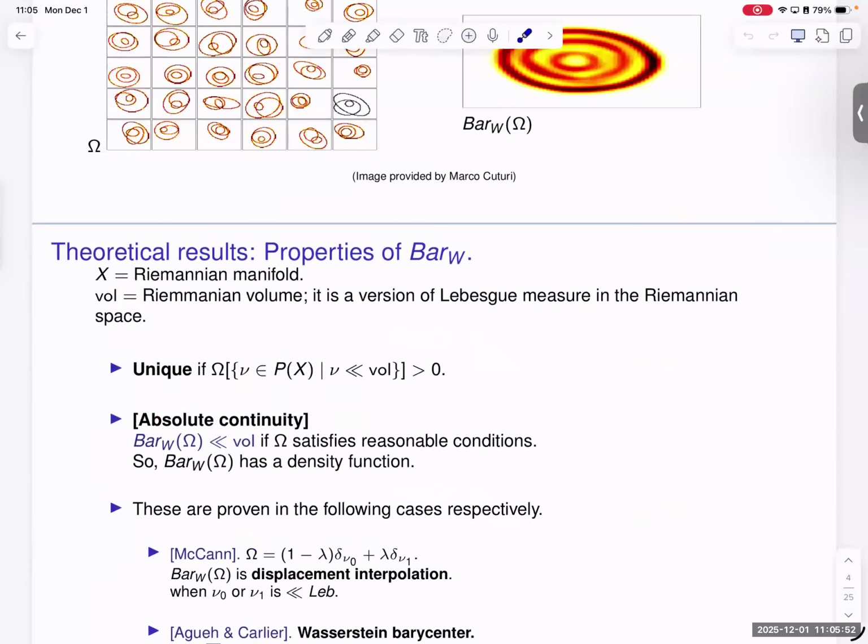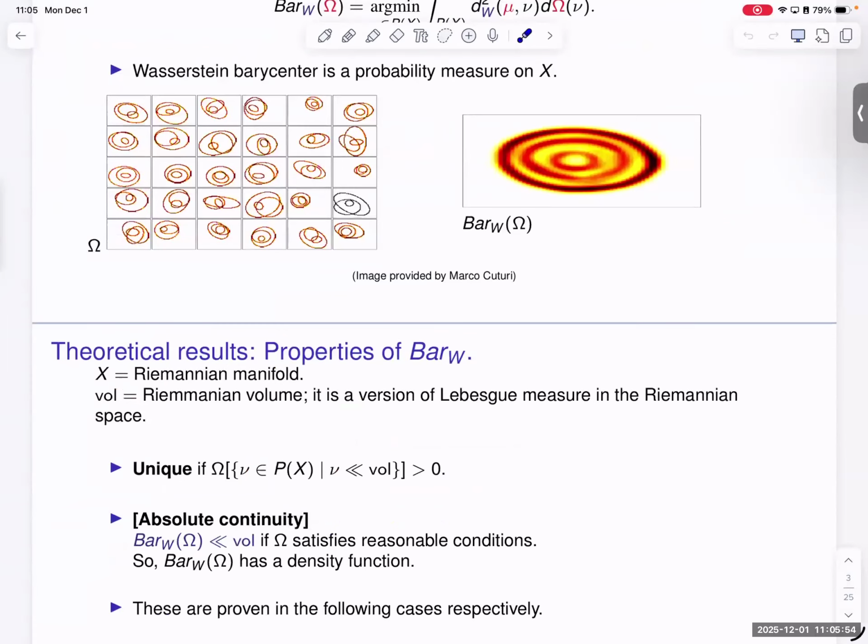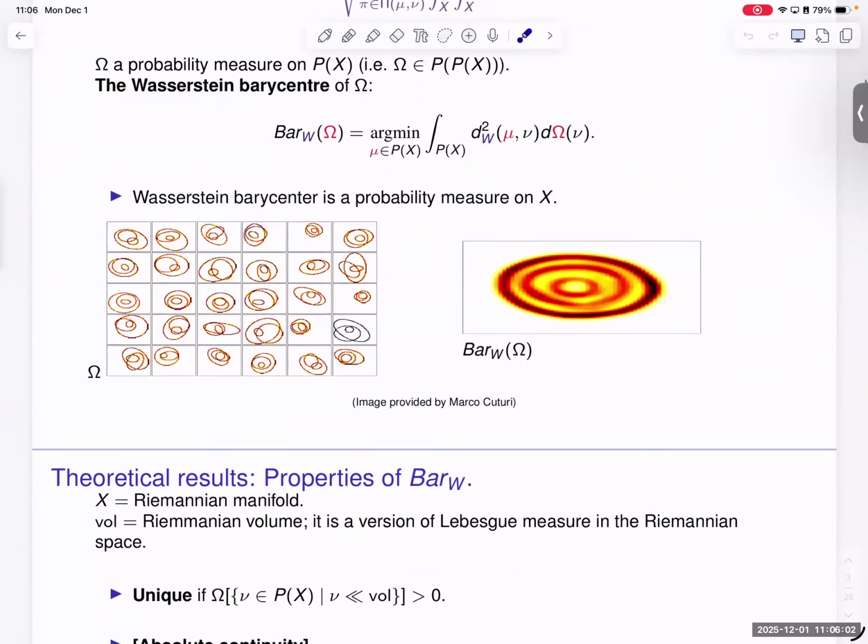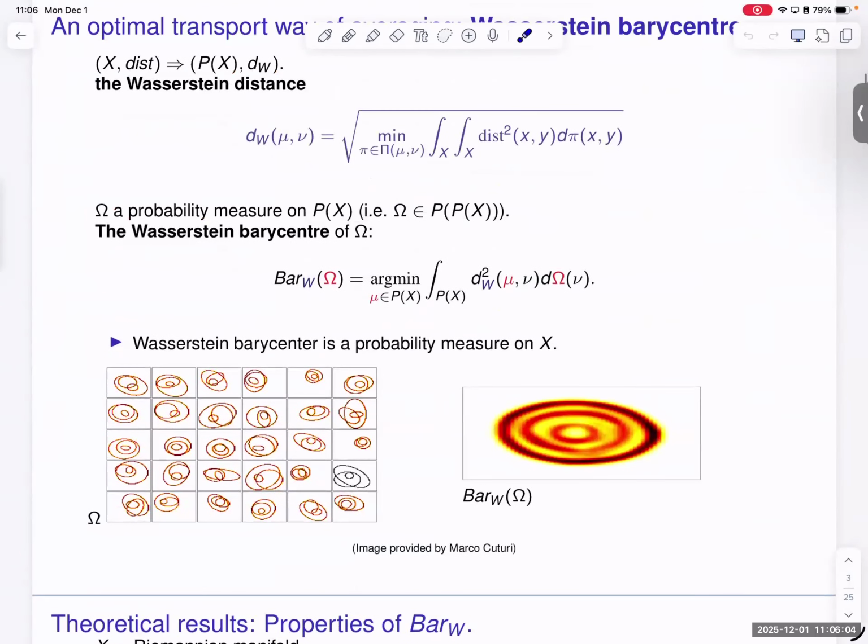That's what you want to understand. And of course, there are many questions, but probably some of the most important questions are existence and uniqueness. And existence is kind of trivial, in the sense that a minimizer of such a problem always exists.